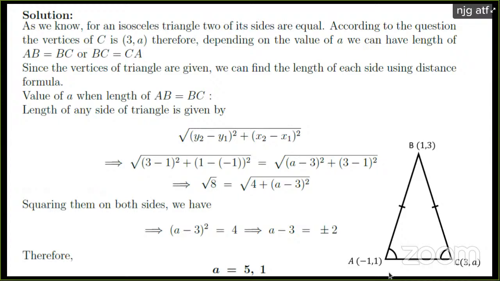What if the length of AB is equal to the length of BC?